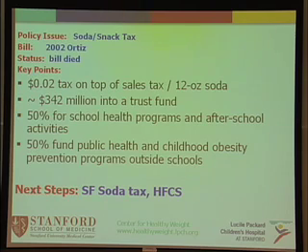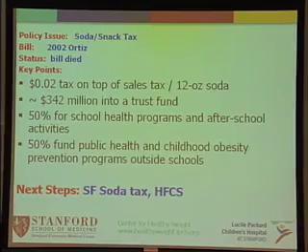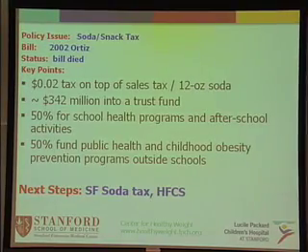So the policy issue of a soda and snack tax actually did come up again in 2002 by Senator Ortiz. However, the bill died, and the proposal was a 2-cent tax on top of the sales tax per 12 ounces of soda. It would have generated $342 million a year into a fund, 50% of which would have gone towards school health programs and after-school activities, which would have hopefully replaced funds that schools currently have from pouring contracts, which means they've signed up with soda companies that they will sell this amount of soda.